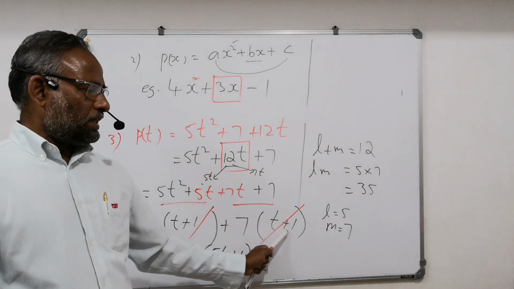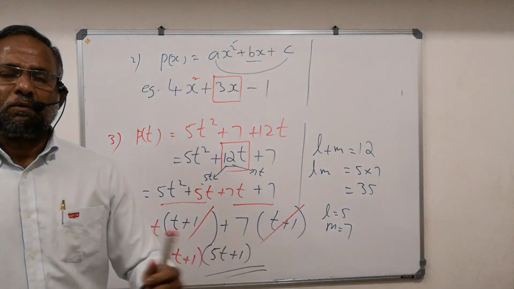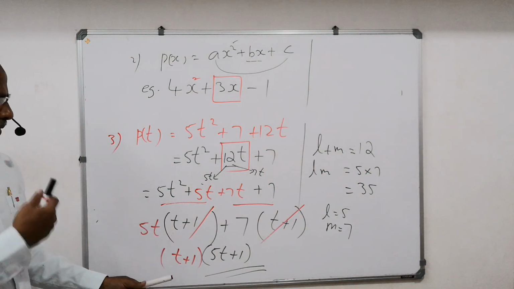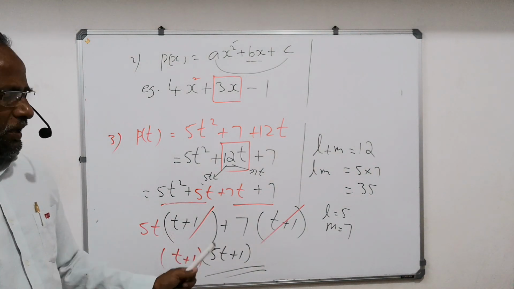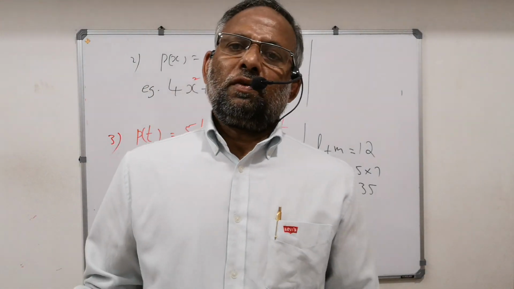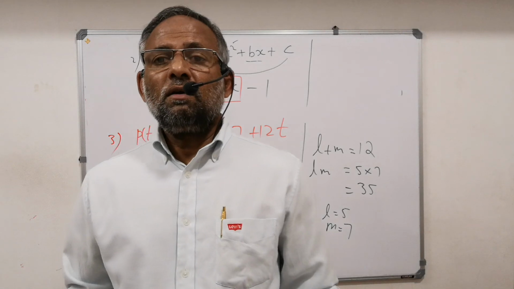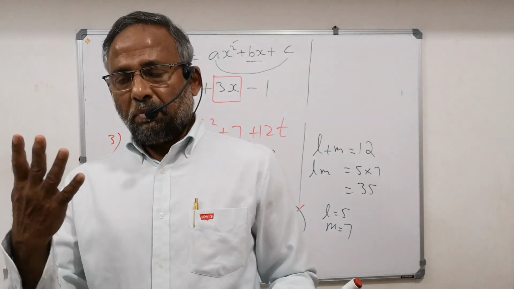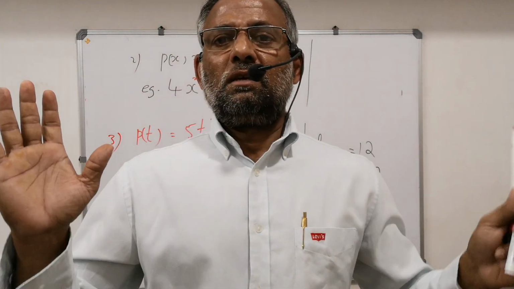It must be the same thing in the other bracket, then only we can take the common outside. Take t plus 1 outside, and what is left is 5t plus 1. So t plus 1 and 5t plus 1. You got the factorization. Prime factors, everything we studied before.